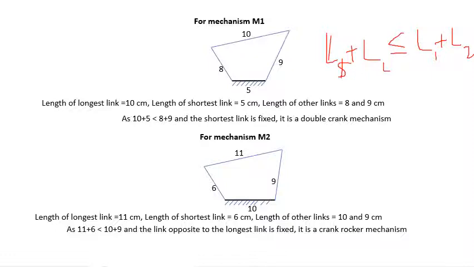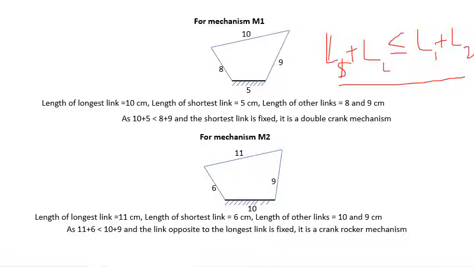If this statement is satisfied, then any one of the links has rotational motion, and we can use it for practical application. So let us consider this statement: the sum of the length of the shortest link plus the length of the longest link should be less than or equal to the sum of the other two links.